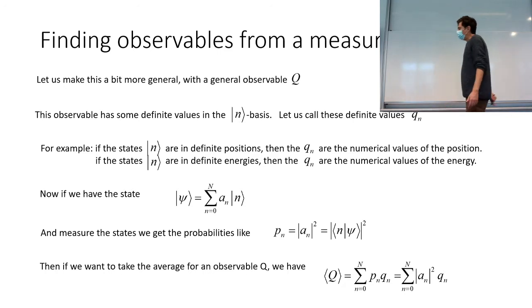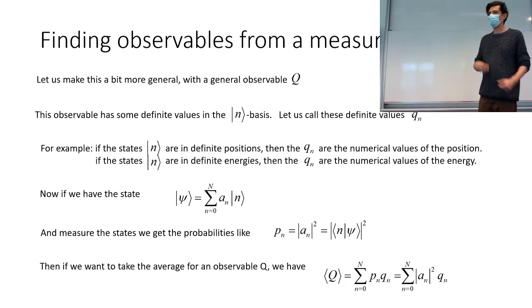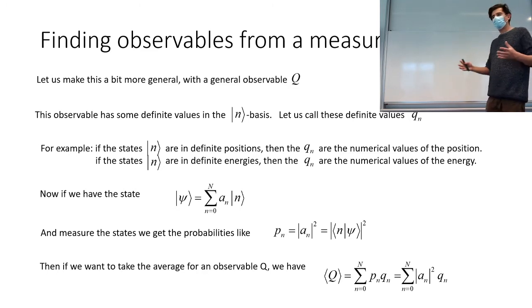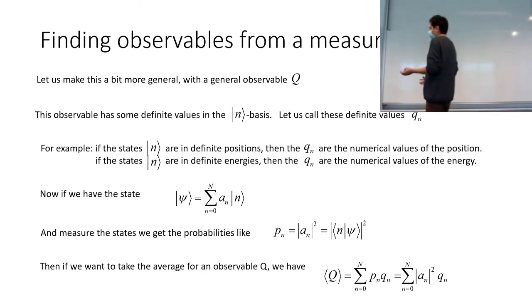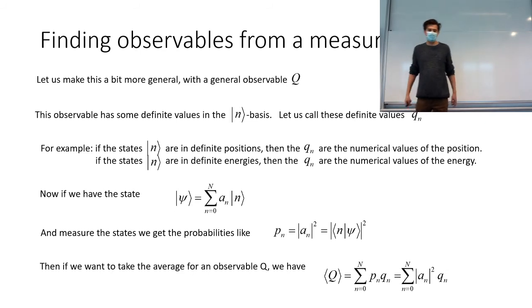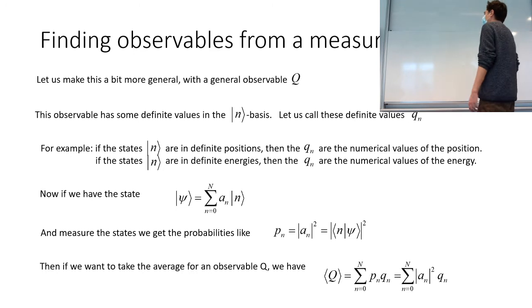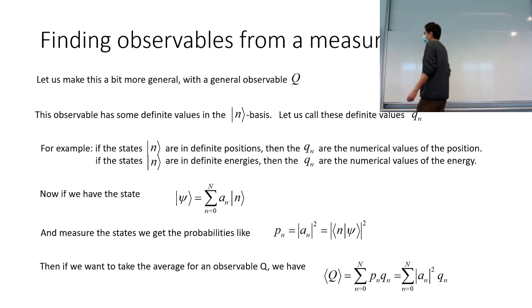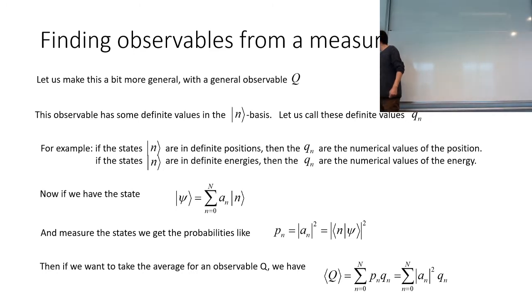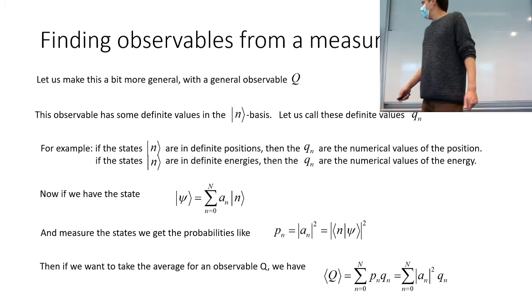Now, what I'm going to talk about from here is just the mathematical formalism to calculate these things, and there's a very nice way of doing this, which will eventually explain why we're using this kind of notation in the first place.